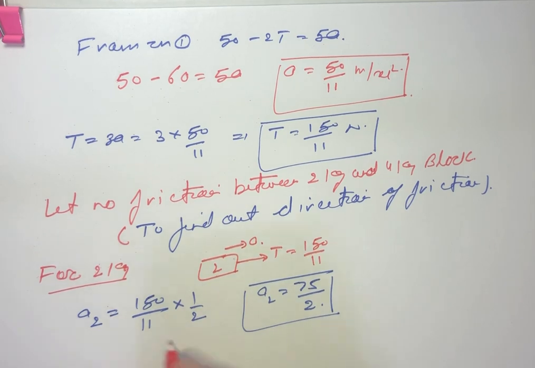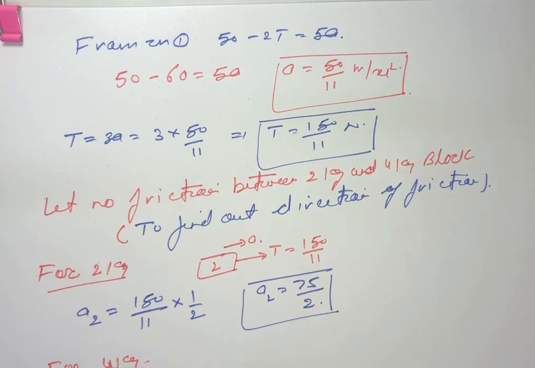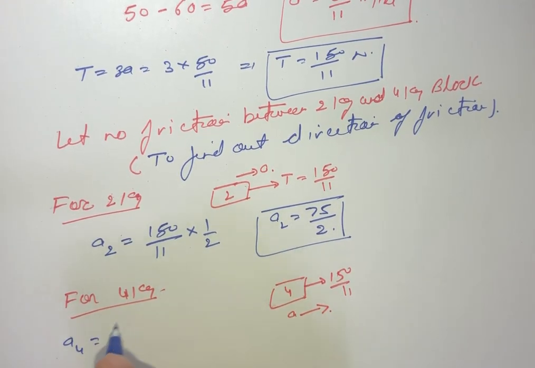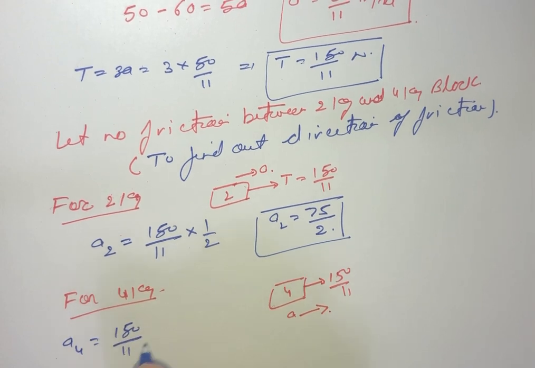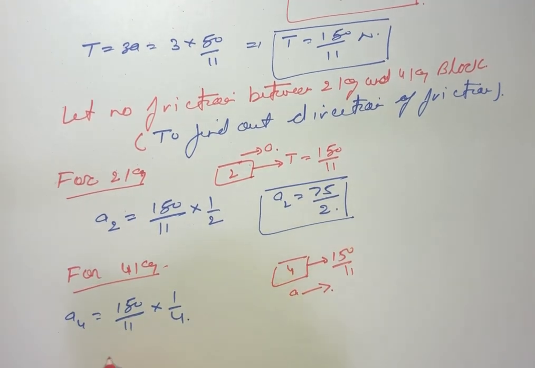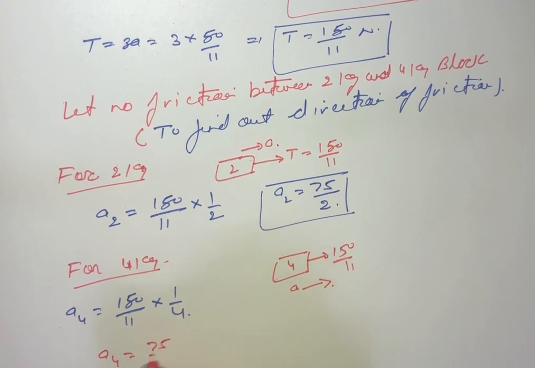Similarly for the 4 kg block, it also has 150 divided by 11 and is traveling towards the right. The acceleration of the 4 kg block is A4, which is equal to 150 divided by 11 into 1 by 4, so A4 is equal to 75 divided by 22.